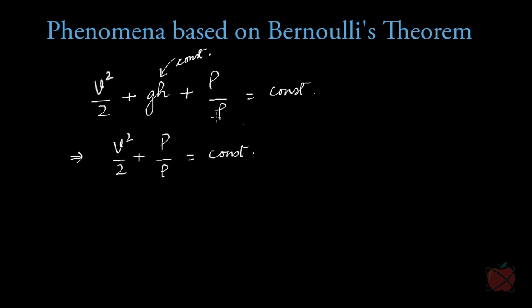All right, now this equation says that, you see here, the only variable quantities here are the speed and the pressure. The density of the same fluid would be the same. So this equation says that if the speed is high, then pressure will be low, in order for the right hand side to be constant.